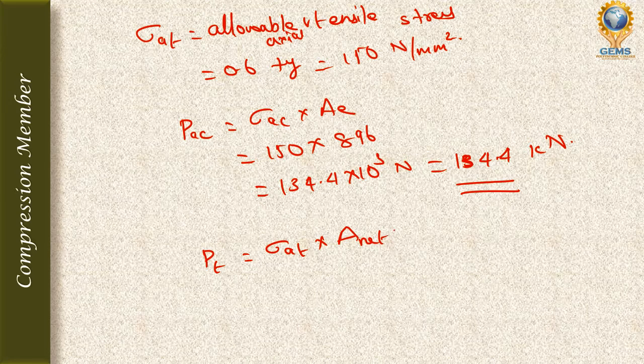The net effective area, A net, is equal to A1 plus K1 A2, as we studied earlier for the tension member. We know K1 is equal to 3A1 by 3A1 plus A2.